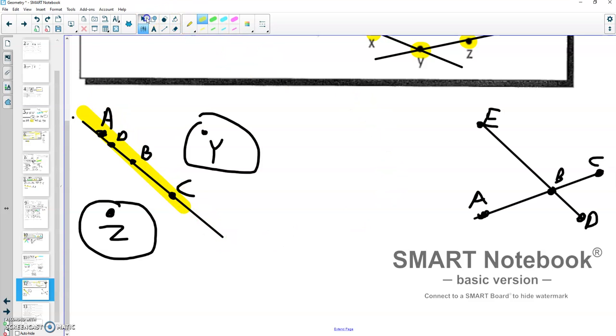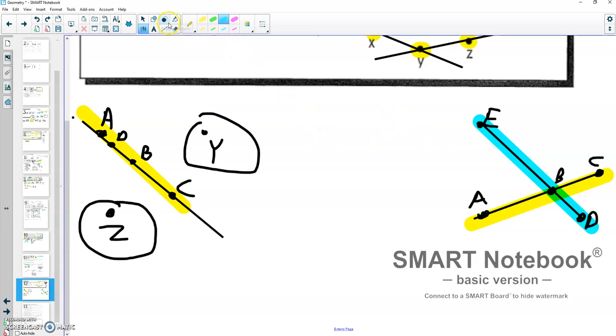Let's look at this example right here. So I have A, B, C, D, and E. And I see two different lines. I see this line, and I see this line. Okay?